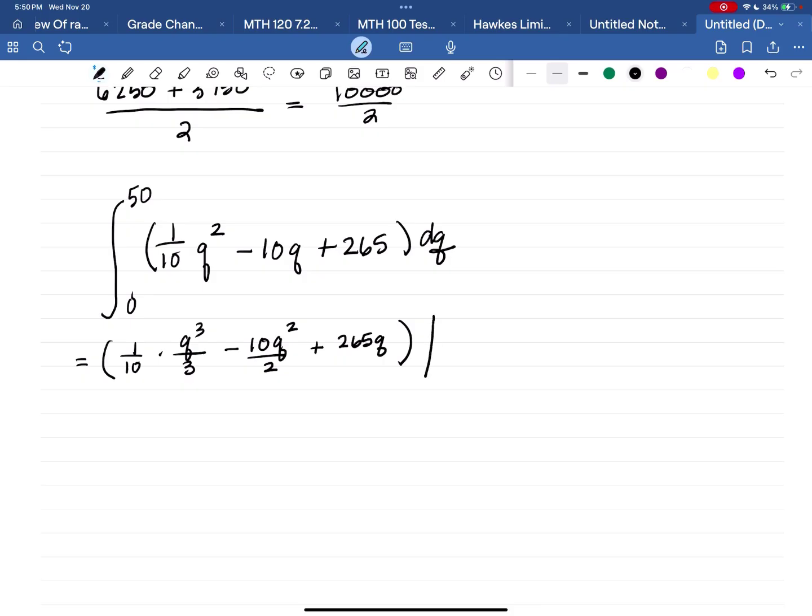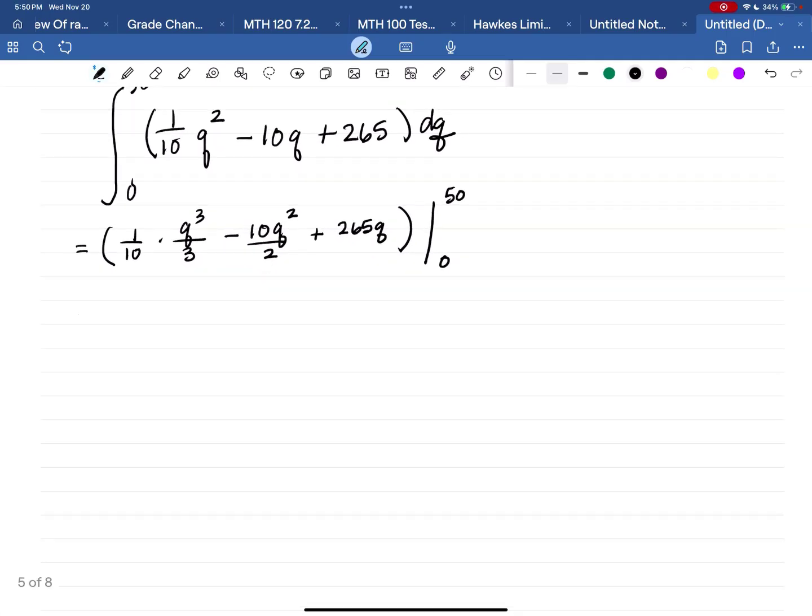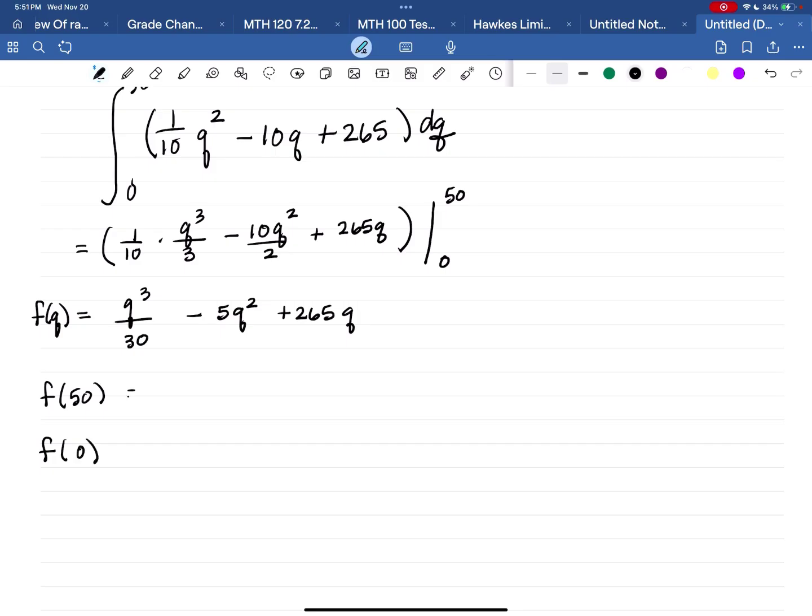And that's going to be evaluated at 0 and 50, and we do the 50 first and then the 0 last. So that's going to be q to the 3rd over 30 minus 5q squared plus 265q. And so that's our F of q. So we need to do F of 50 and F of 0, and then we'll subtract those two values.